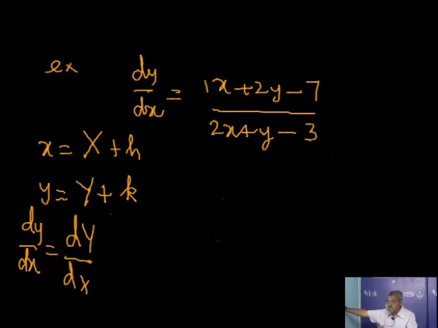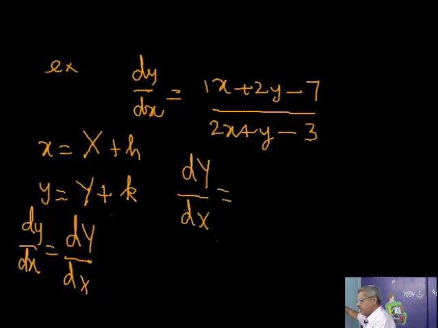We are choosing h and k in such a way that, when substituted here, it reduces to homogeneous. Let us see how. So dy by dx is dY by dX.